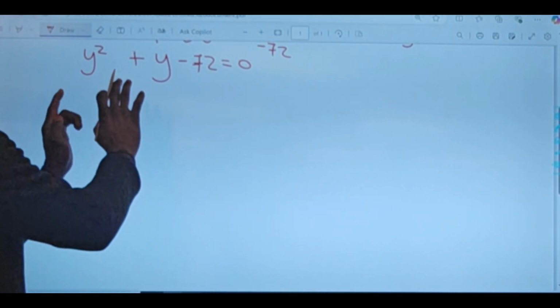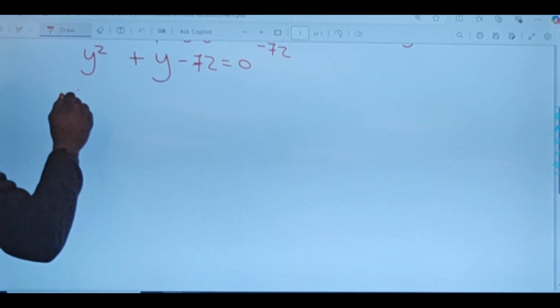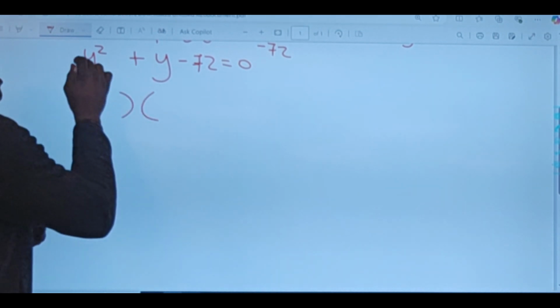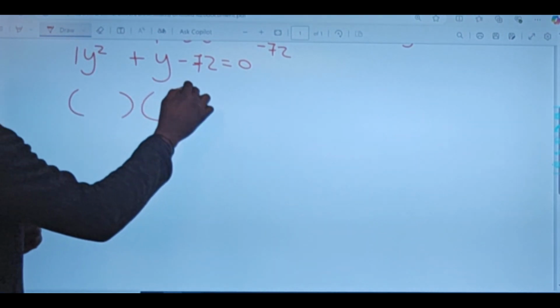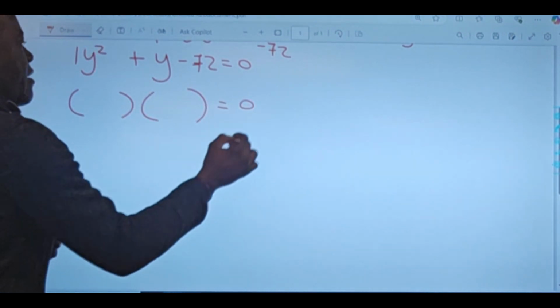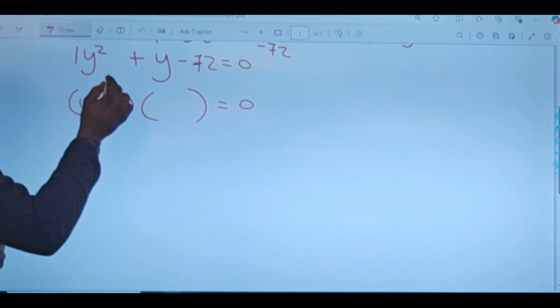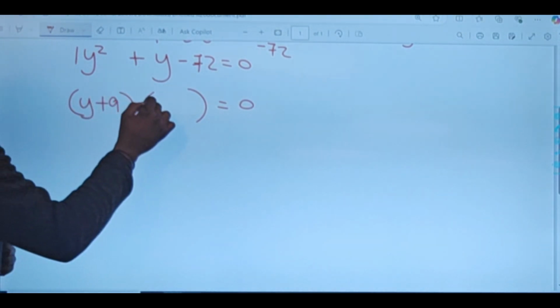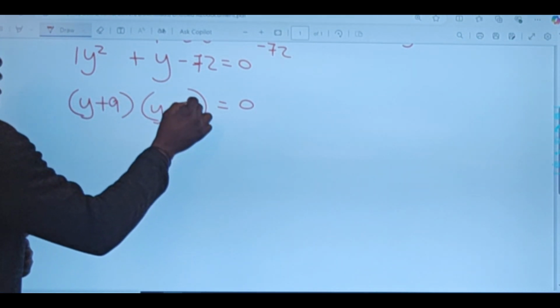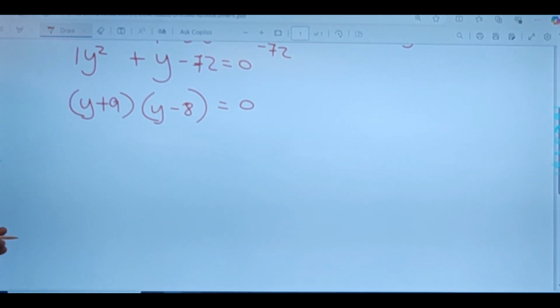So let us now factorize this. Because my coefficient of the square is a 1, it's an easy factorization. So I'll have y plus 9, and then y minus 8, because 8 times 9 is my 72, so I was able to factorize that easily.